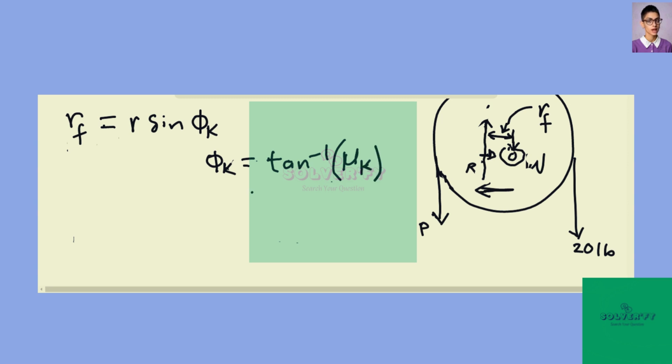When you plug it in there, you're going to arrive at a value of 11.31 degrees. So that will give you the angle of kinetic friction. The mu is given there, so just plug it in. Then we can plug it into this equation to get the friction circle radius.